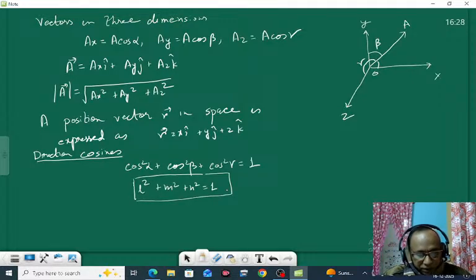This is the direction cosine in 3 dimension vectors. Right? In this way you can define all these things.